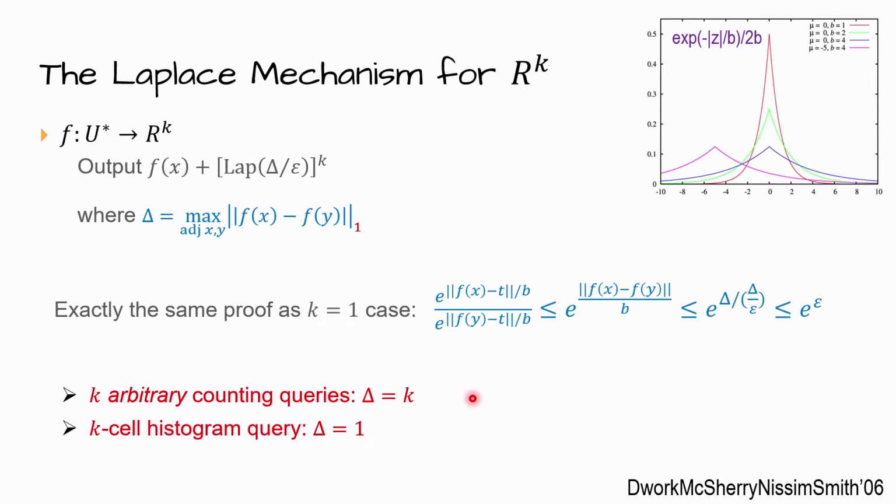And we have something really surprising for the second bullet. So think about contingency tables or histogram queries. So what do we mean by this? Imagine that you take your space of people and you partition it into an arbitrary number of cells. Let me call that k cells. So for example, you might partition people according to their annual income. People 0 to 15,000 a year, people from 15,000 to 30,000, 30,000 to 45,000, and so on.